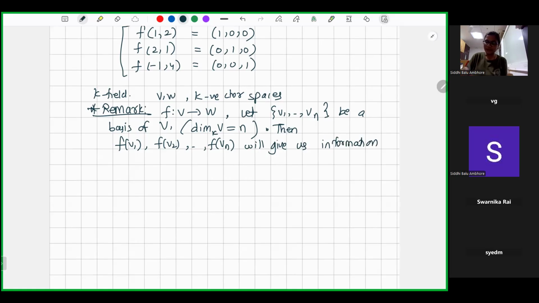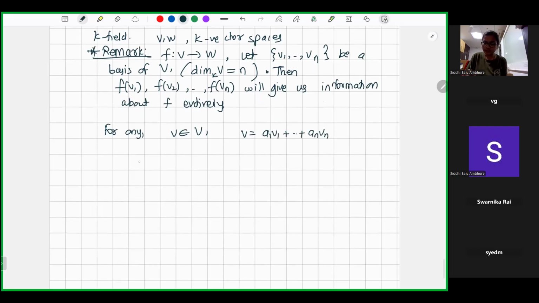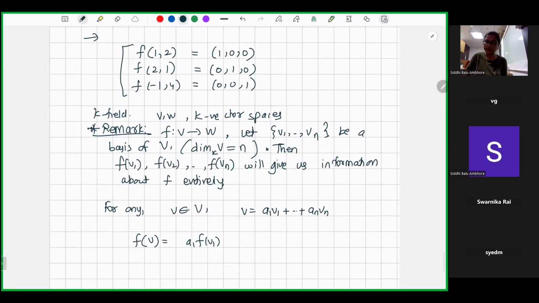This is not really the correct way to say it, but what I mean by this is that for any V in V, this V will be some A1 V1 plus ... plus AN VN, right? So this F of V will be what? This A1 F of V1 plus ... because F is linear.